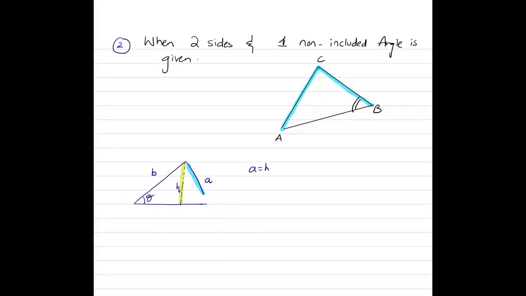For a triangle to be formed, the length of this side must be greater than the perpendicular height. Then only this is going to be completed and you are going to get a triangle. Okay. So let's say this is the case where the length of A is greater than the perpendicular height. The triangle is formed.